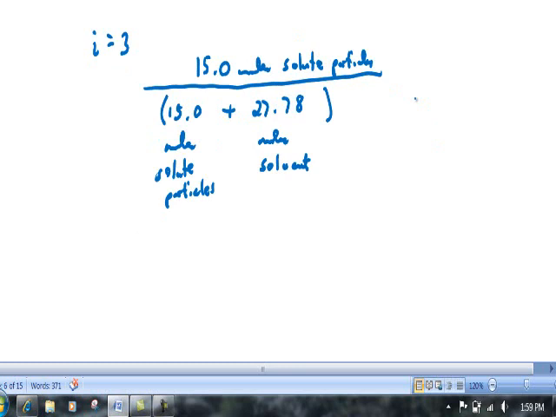Repeating the calculation for our i equals 3 solute, what happens is the moles of solute particles is now 15. Our moles of solvent remains at 27.78, and we find our mole fraction now increases to 0.35.